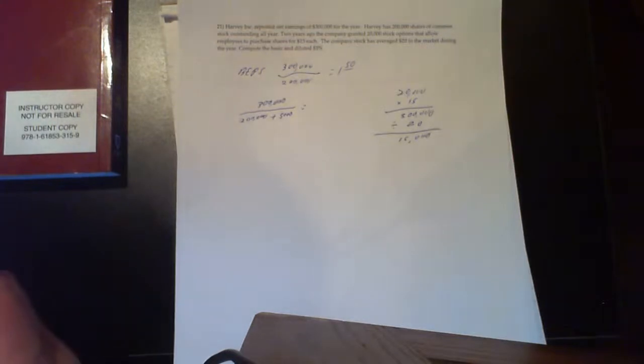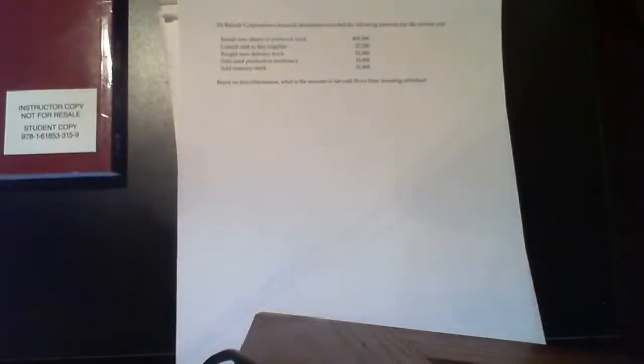And I know that's not right. And that will be $1.46 for our diluted earnings per share. Ever do that before? You punch in the calculator and you know that answer is not right. All right. So that's our earnings per share.